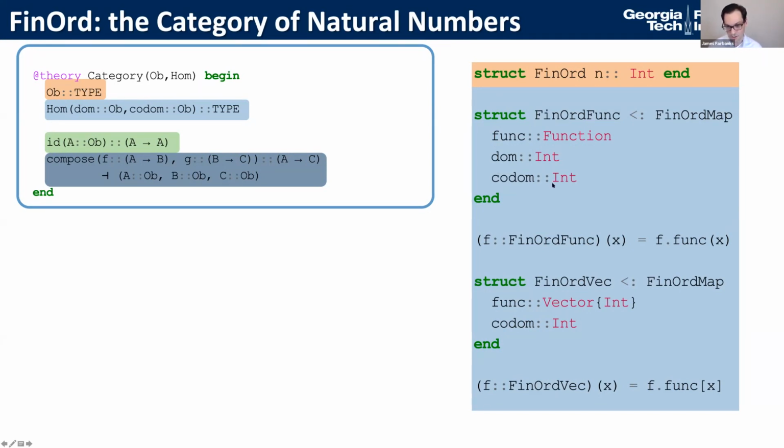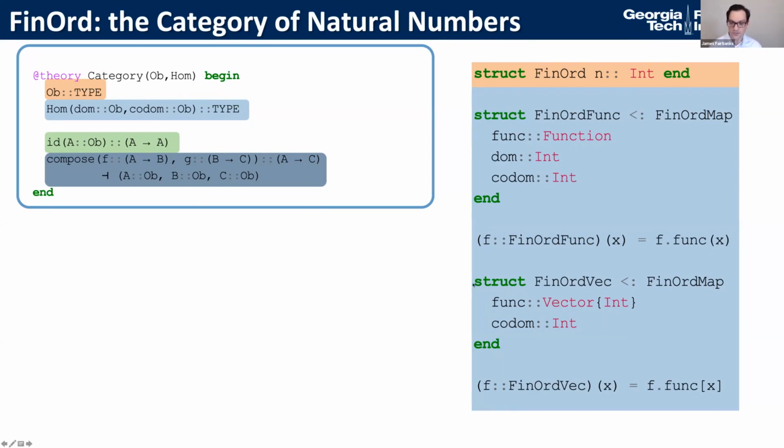So this is a function from ints to ints, and you're going to store the domain and codomain as explicitly stored integers. You have to tell Julia how to apply a FinOrd func onto a natural number. So you just call the function.